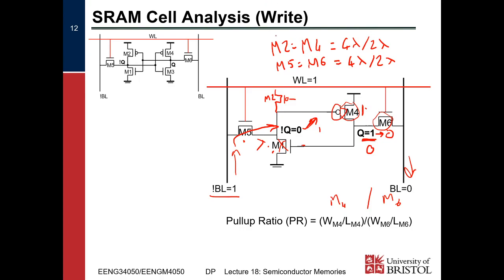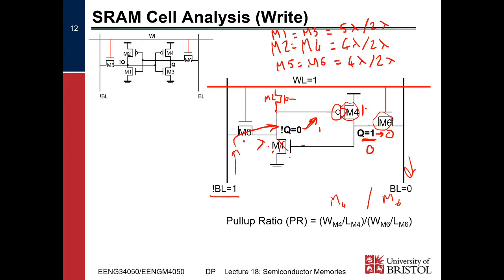And then the last two are M1 and M3, right? These ones need to be slightly bigger. They need to be at least 1.2 times. So if we take our 4 lambda and multiply it by 1.25, that gives us a nice easy value of 5 lambda by 2 lambda.